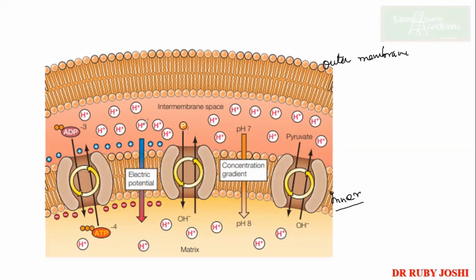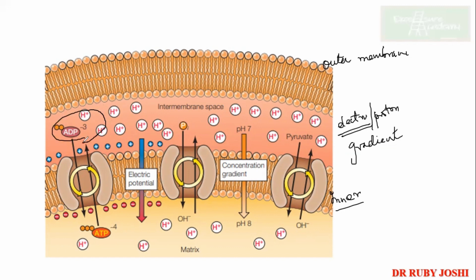When the H+ concentration is increased in the intermembrane space, your electrochemical gradient, this proton gradient, is formed. Now with the help of the small molecule transporters, what is happening?